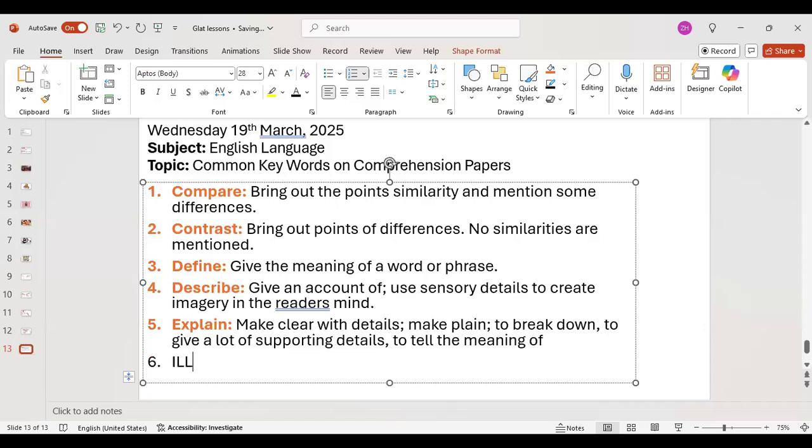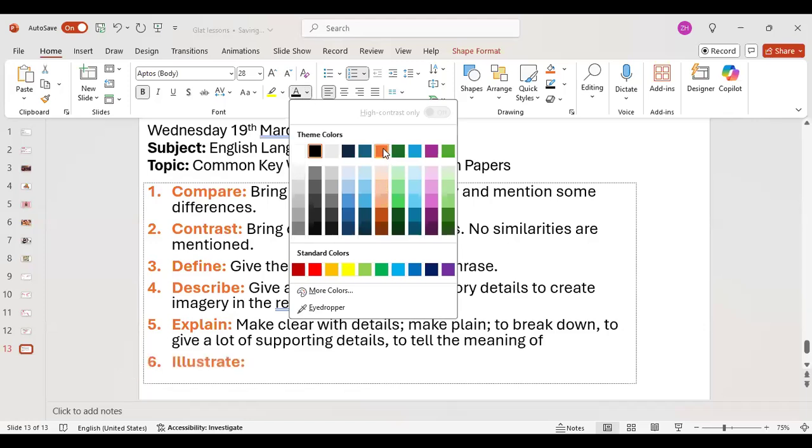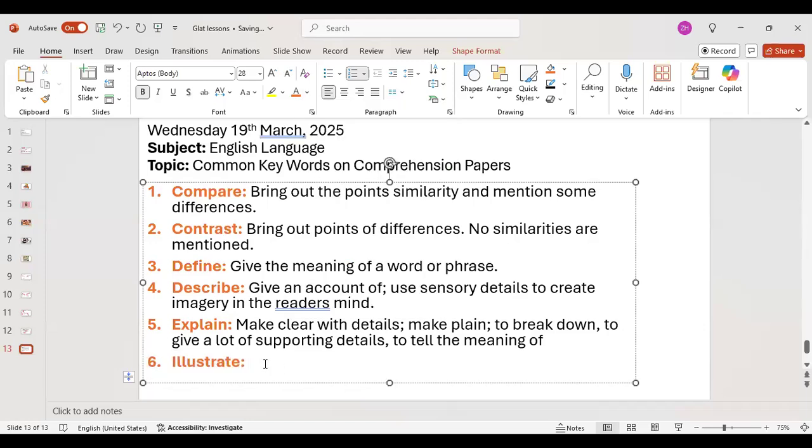Illustrate. What does illustrate mean? To paint a picture, basically painting a picture in your mind. Right?